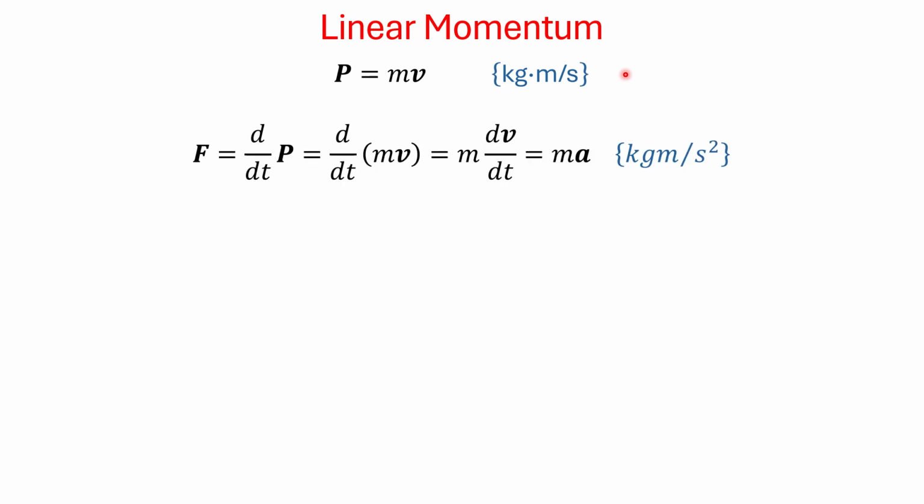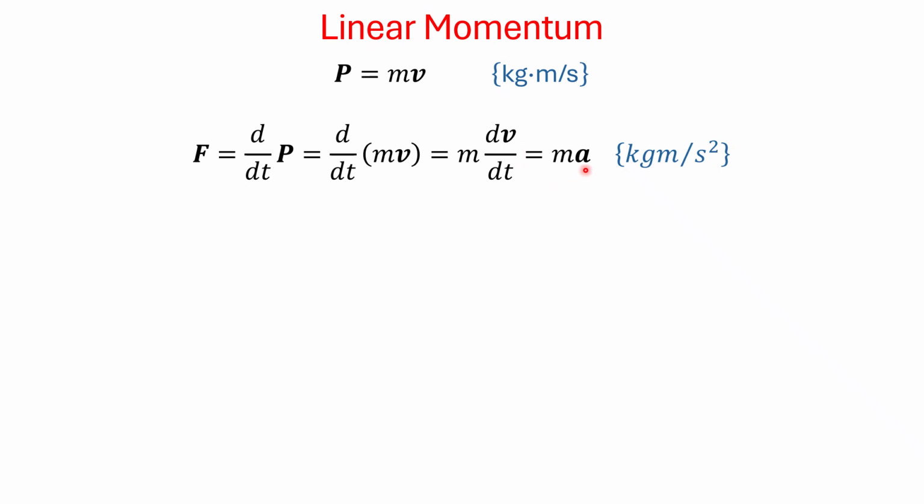Newton's second law of motion: F is equal to dP by dt, that is the rate of change of momentum. We replace momentum P by m into v, and we can treat m to be constant, multiplied by dv by dt, that is the rate of change of velocity, which is in fact acceleration.